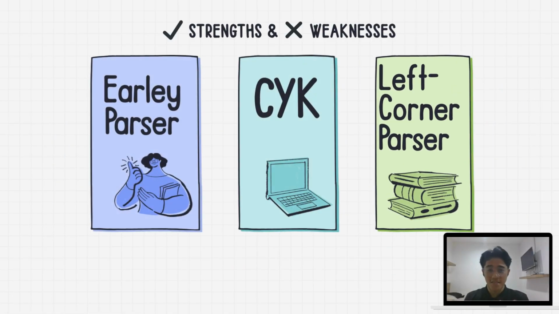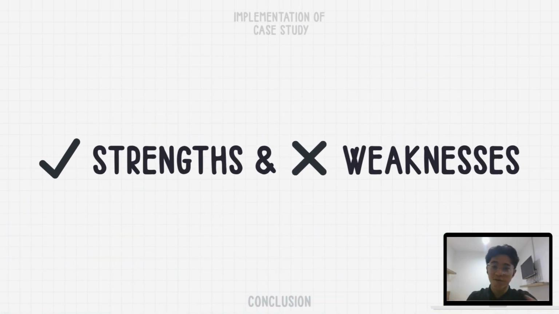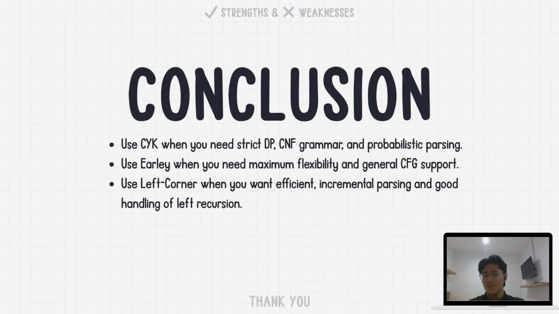That's all about the strengths and weaknesses of these algorithms and strategies. Congratulations, you now understand the strengths and weaknesses of each of these algorithms. After all the discovery, exploration, and research that we did during the group assignment, overall we can say that no algorithm is the best for everything.